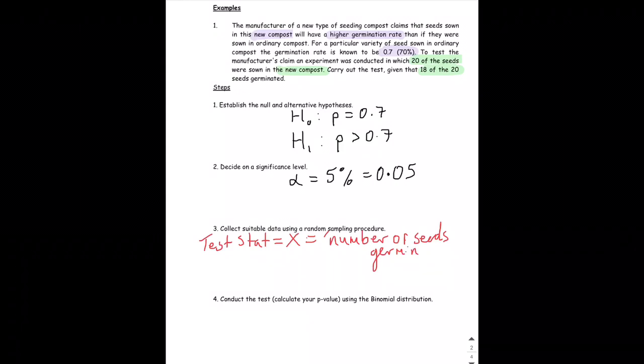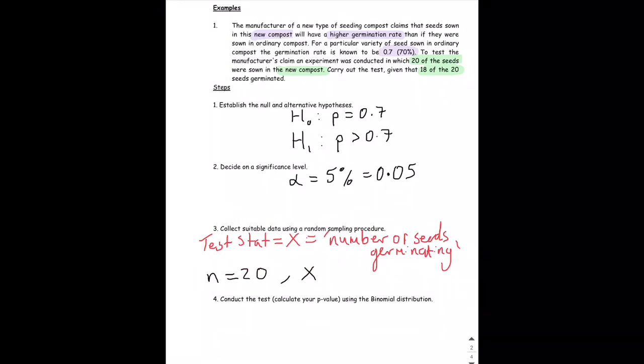That's what we're counting. Then our sample size was 20. We planted 20 seeds, and the number of seeds that germinated was 18.